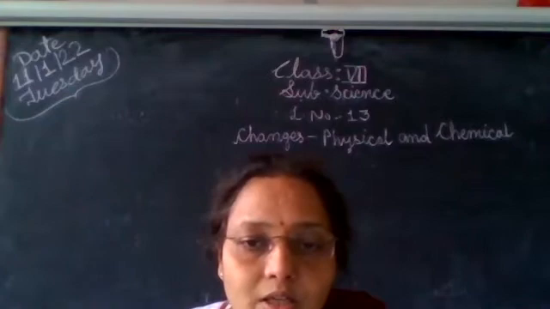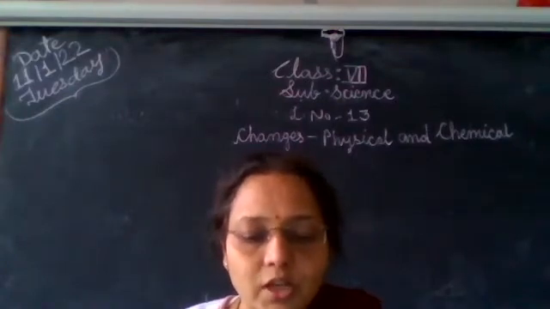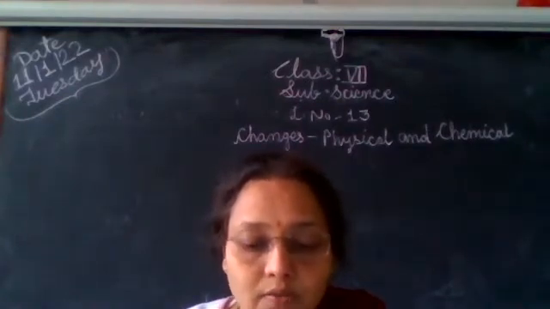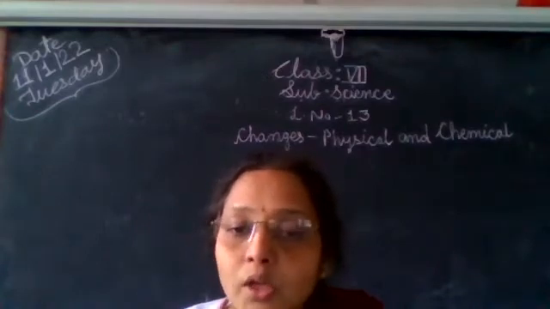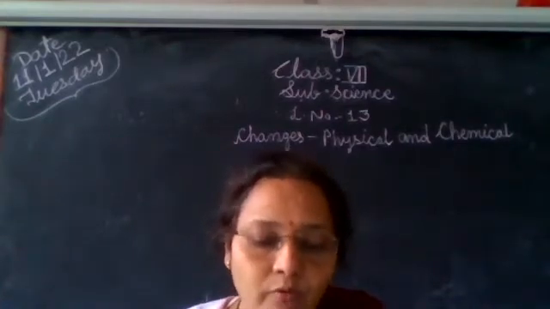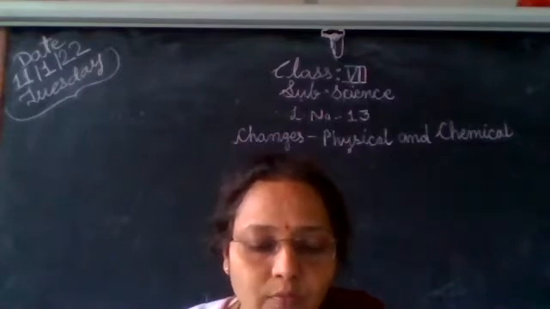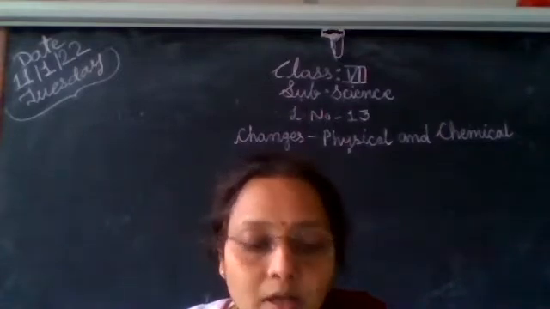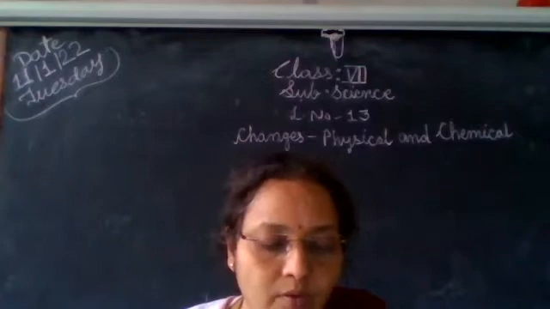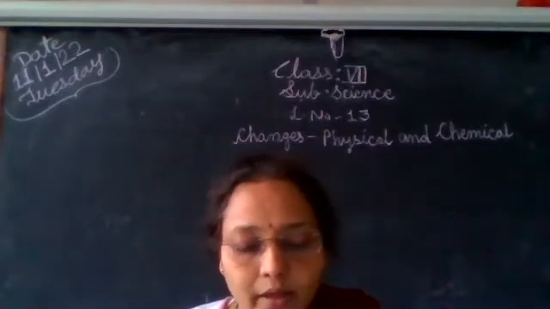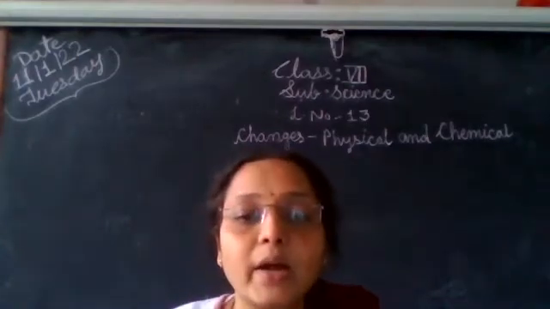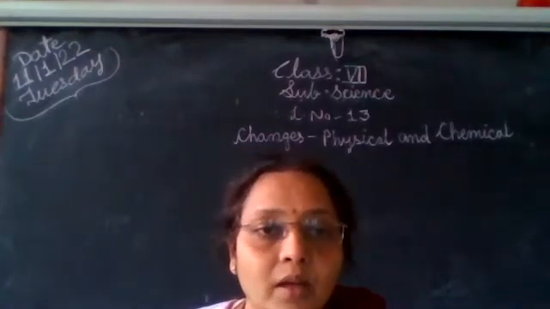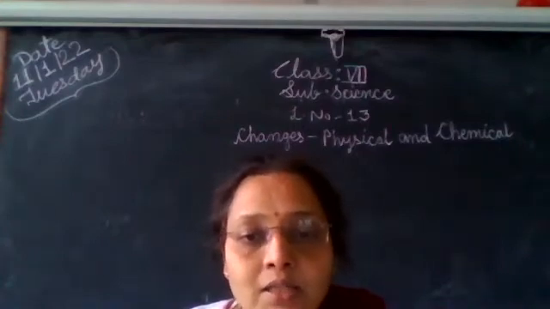So what is a physical change? When a change occurs in a substance, the properties of the original substance remain the same and no new substance is formed. Now take an example of physical change: melting of ice.